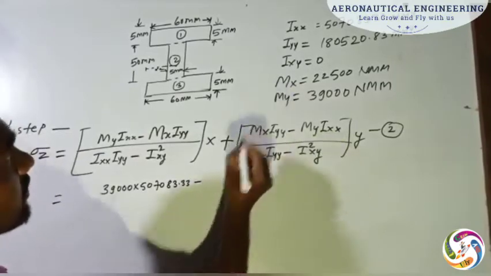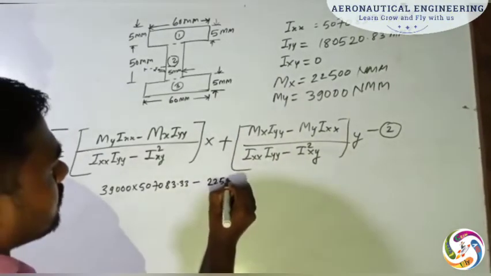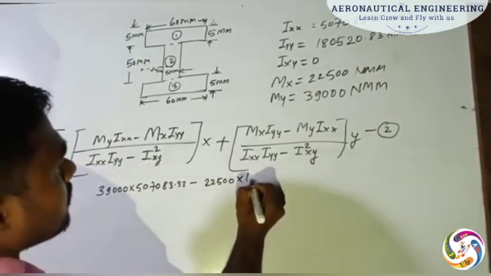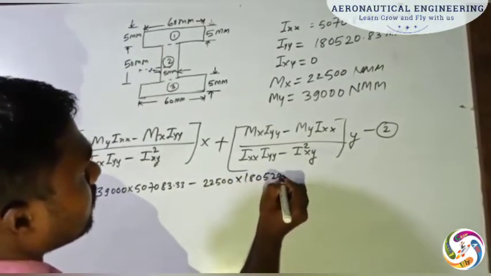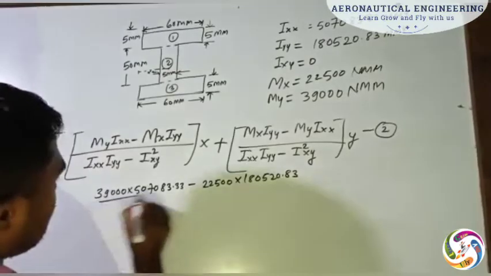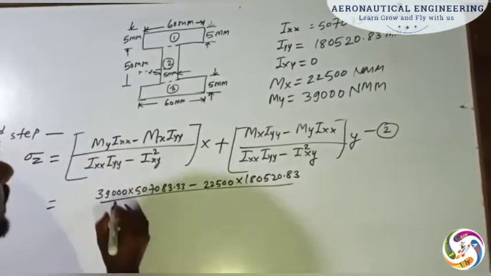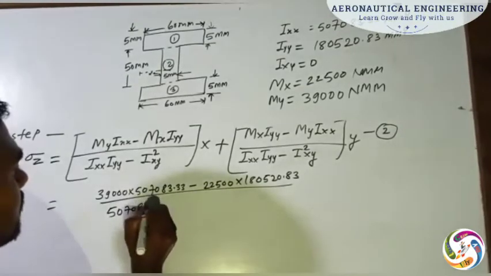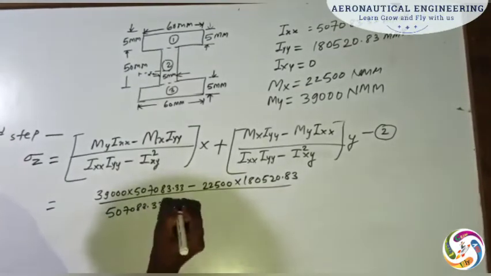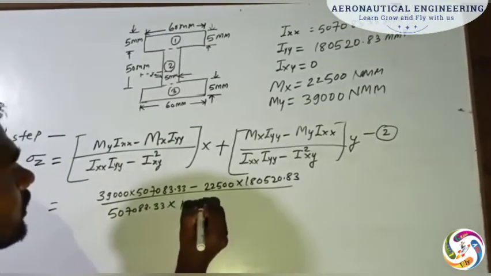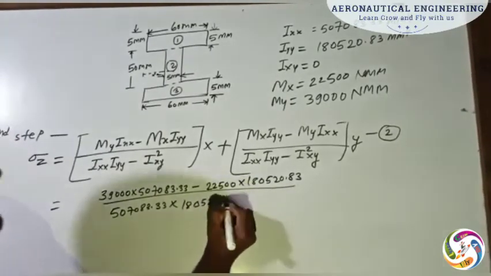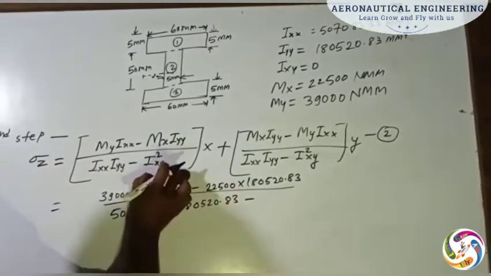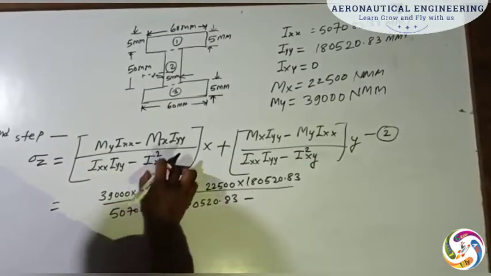Ixx value is here 507083.33 minus Mx value, which is 22,500, into Iyy value, 180520.83, upon Ixx value 507083.33 into Iyy value 180520.83 minus Ixy squared.